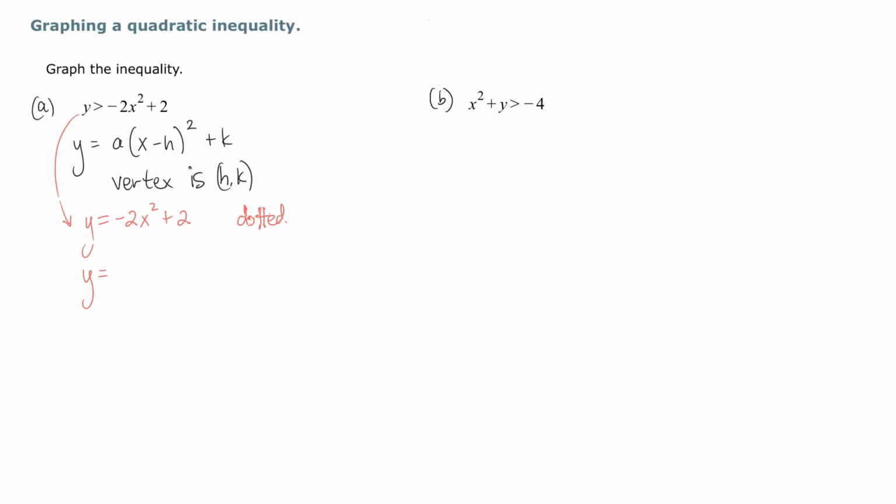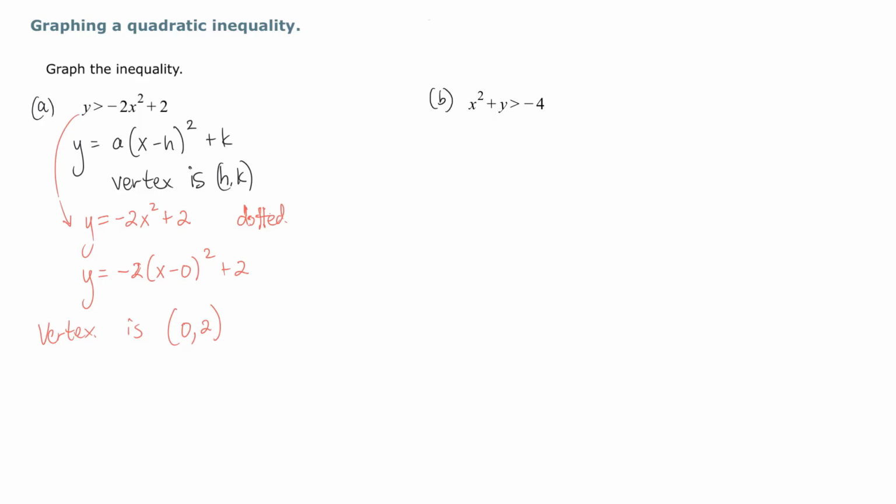And we can see that little a is -2. I'm going to factor this out. And we have x minus 0 quantity squared plus 2. So we know our vertex. Our vertex is (0, 2).